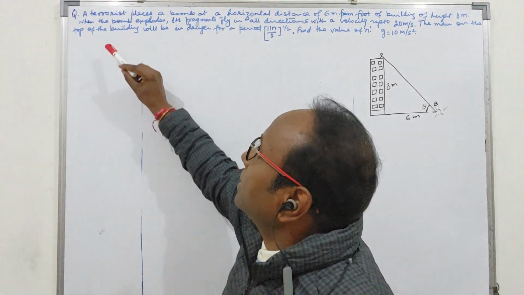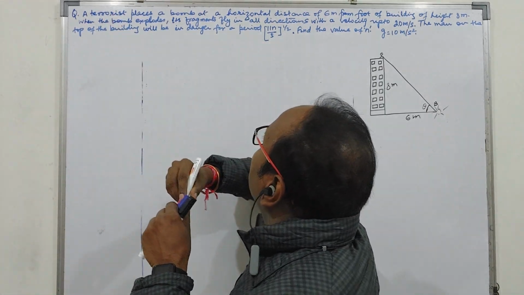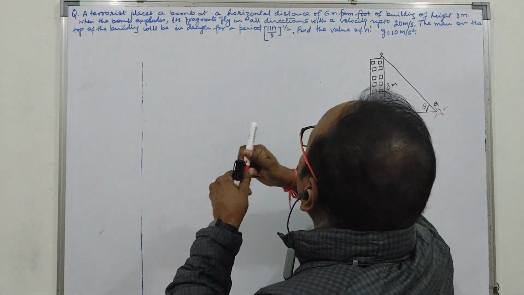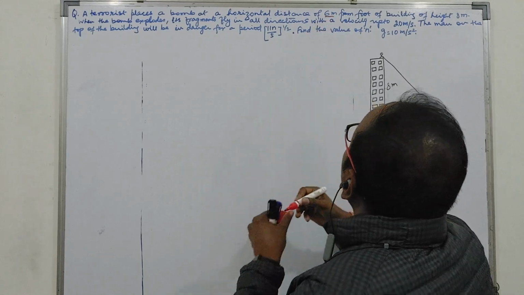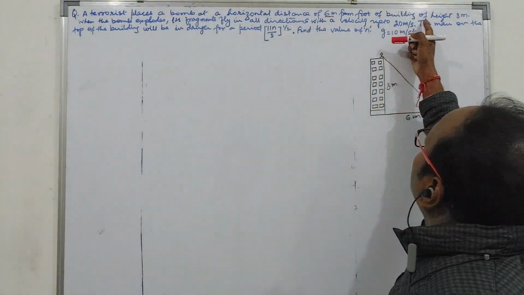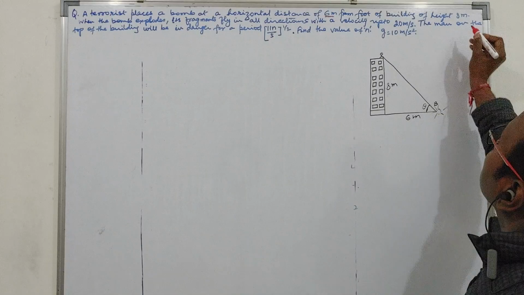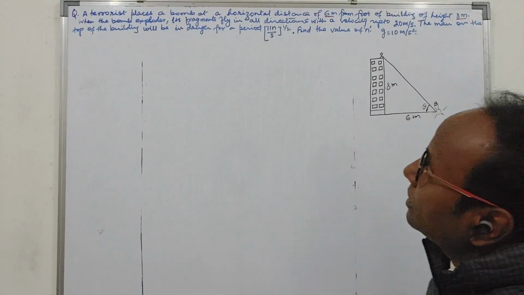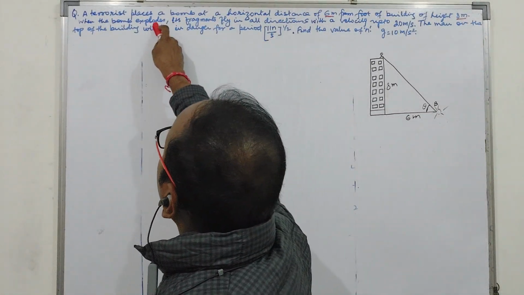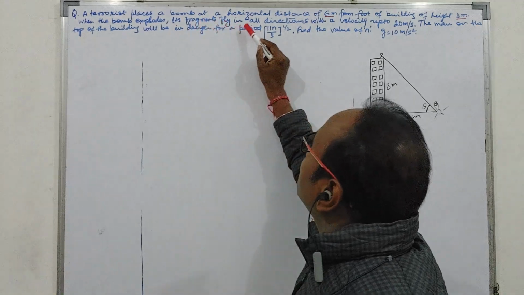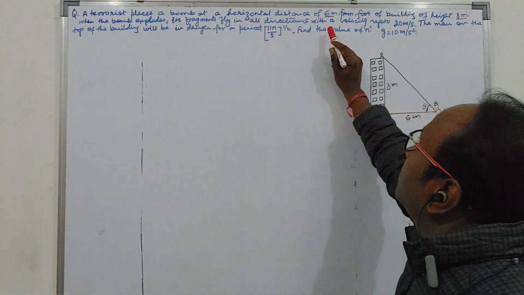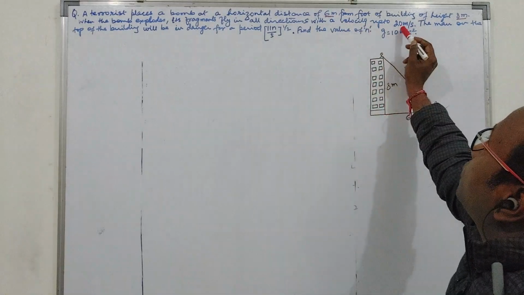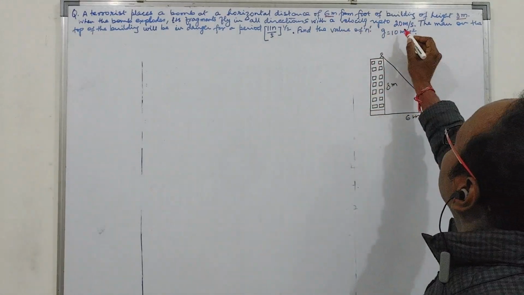The problem goes like this: a terrorist places a bomb at a horizontal distance of 6 meters from the foot of a building of height 8 meters. When the bomb explodes, its fragments fly in all directions with a velocity up to 20 meters per second.